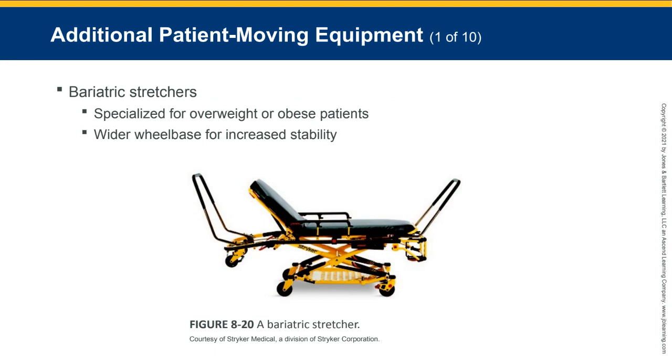Additional patient moving equipment: the bariatric stretcher. So this is what a bariatric stretcher looks like. It is specialized for overweight or obese patients, with a wider wheelbase for increased stability.